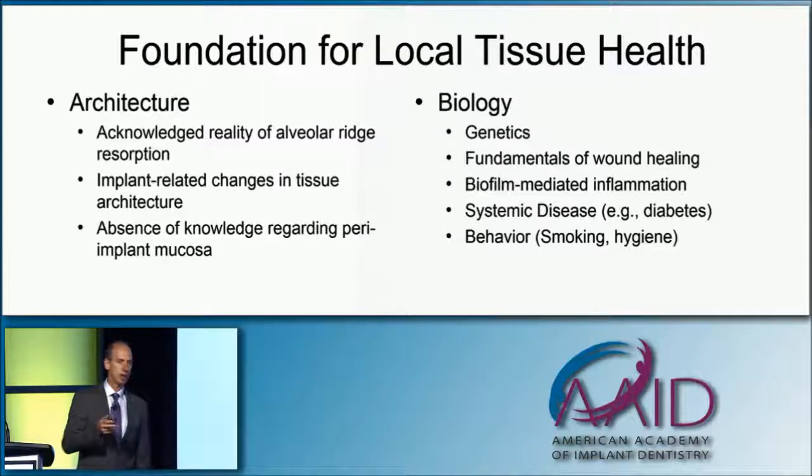The incidence of type 2 diabetes in the United States is going up 13% a year. And presently, approximately 10% of our population has type 2 diabetes, and it may be more than that. That means that there is a large percentage of the population of patients who are entering your office for dental implants who don't have the same opportunity for healing as where we got that data that said we had 95% success. Very important point. And then superimpose behaviors like smoking and oral hygiene, and now you've got a periodontitis patient who's a smoker who has type 2 diabetes. I refer those patients.